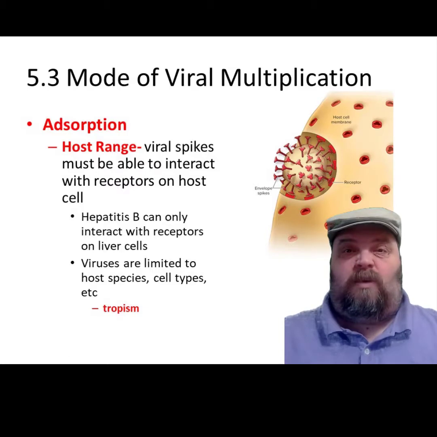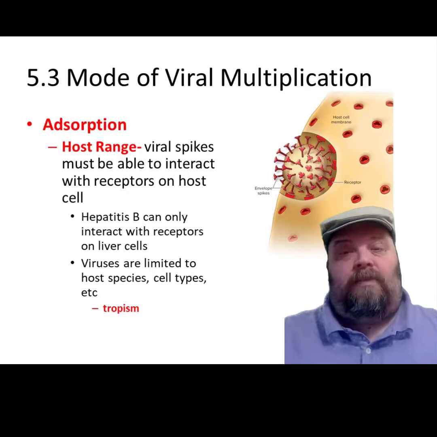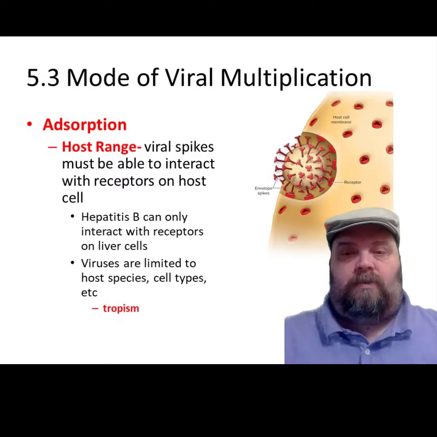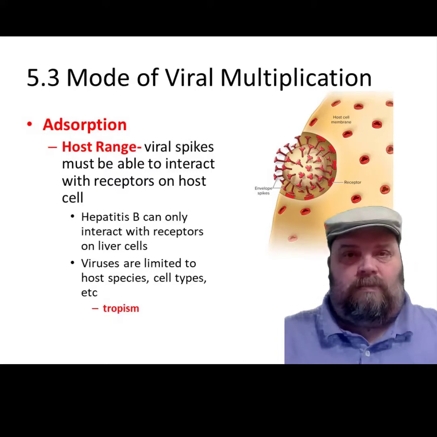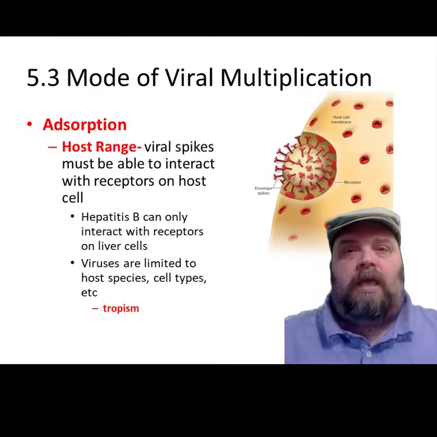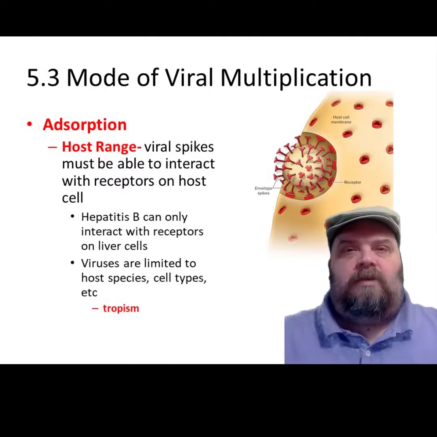But because we're not the correct host type, the spikes on those viruses cannot interact with the receptors on the surface of our cells. Now keep in mind, receptors, think of these as glycoprotein antennas. They stick out from the cell, and they respond to one and only one signal that may be floating by in the bloodstream or floating by in the interstitial fluid.